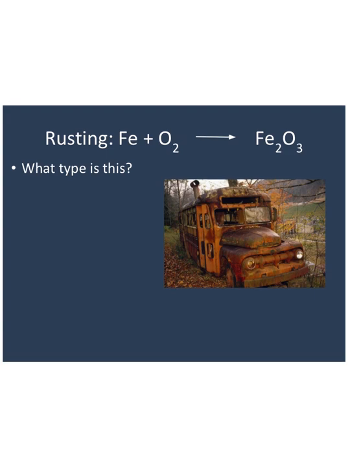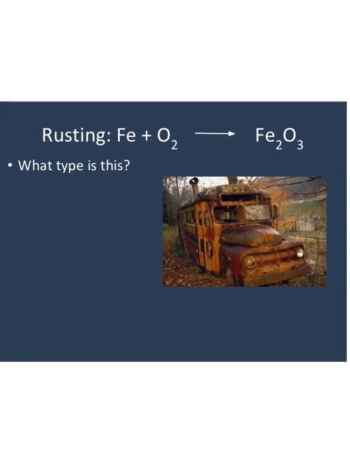When you leave iron outside in the rain, a very common reaction is that it rusts. Have a look at the pattern and figure out what type of reaction this is. Here you have one element by itself plus another element by itself being squished together into a compound.